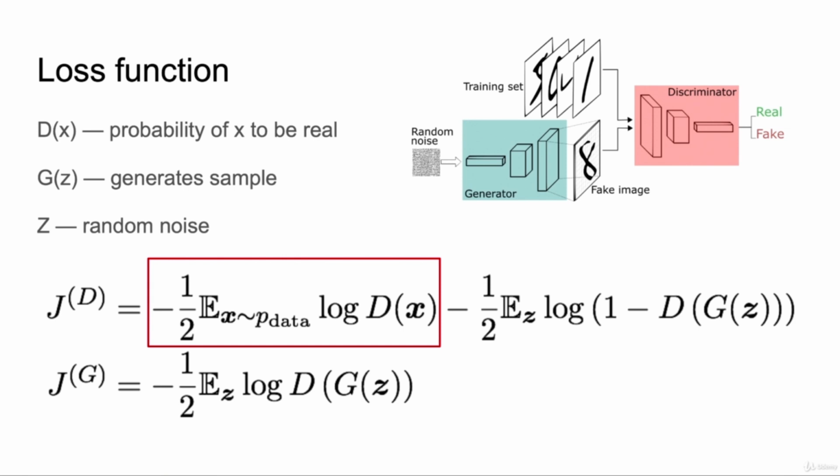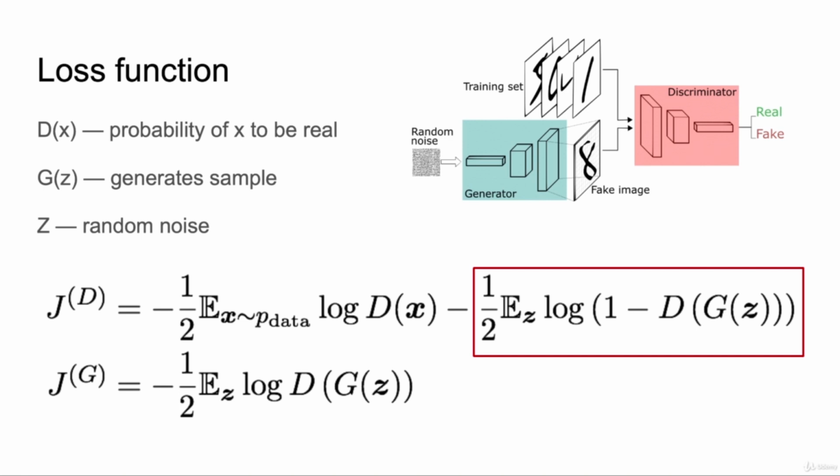The first term stands for the probability of a real x from the data distribution, p data, to be real. And we want to maximize this probability. This is why in the loss function we have this term with a minus sign. We minimize minus this probability.